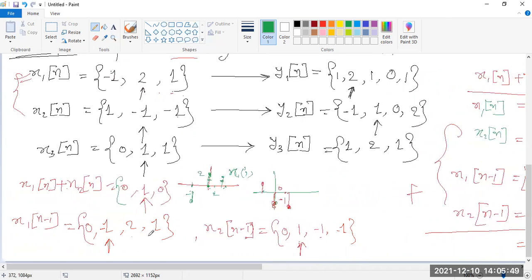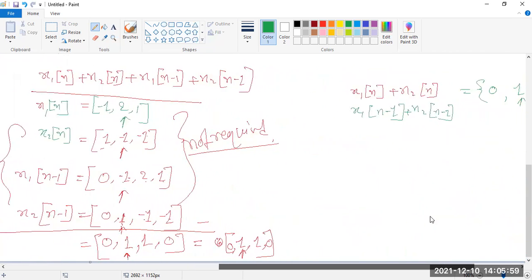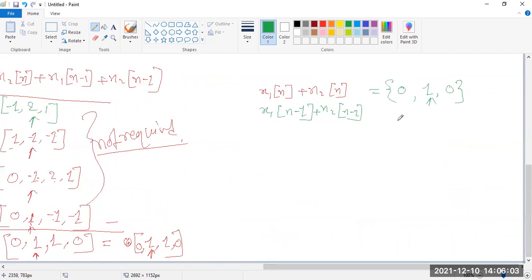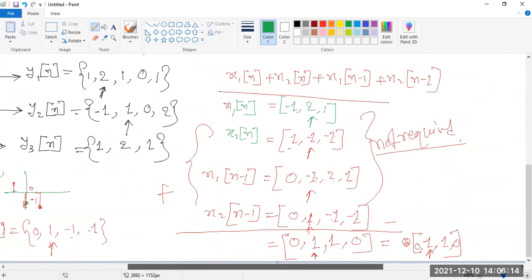So if you add this, that will be 0 0 1 0. So you can also add in this way. So all are just like the same.